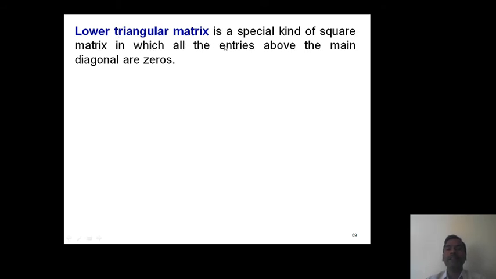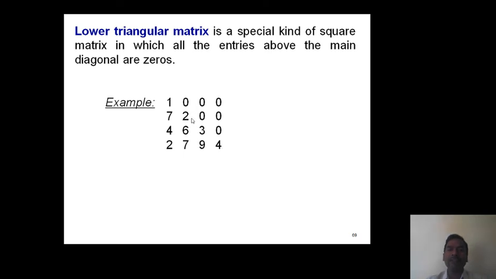A lower triangular matrix is a special kind of sparse matrix in which all entries above the main diagonal are zeros. This example. So this one is the main diagonal elements. So above this main diagonal all elements are zeros. This type of matrix is referred to as lower triangular matrix.